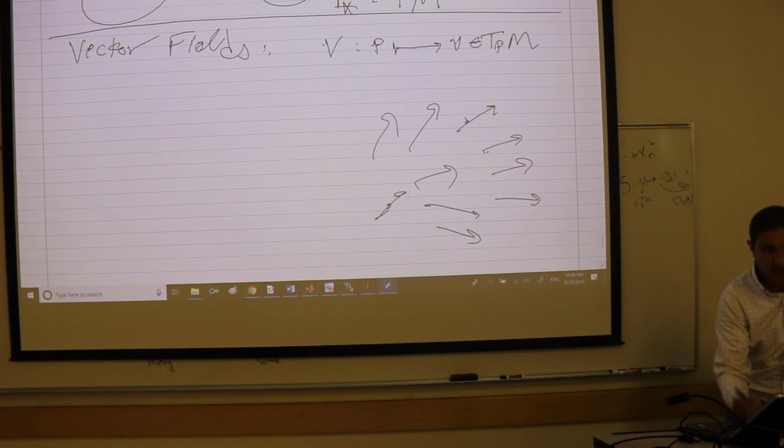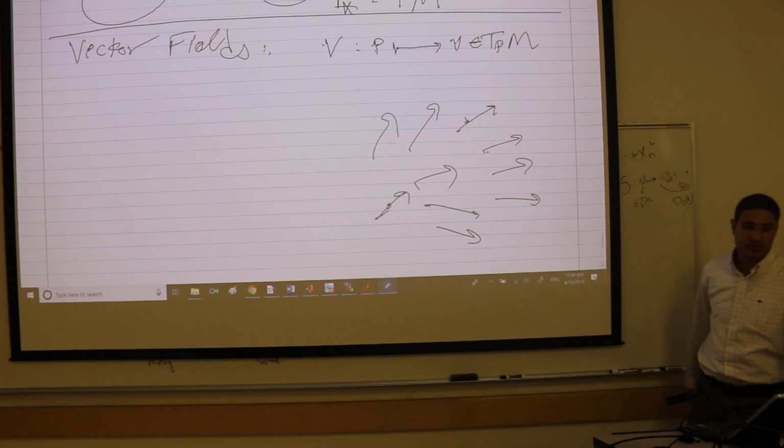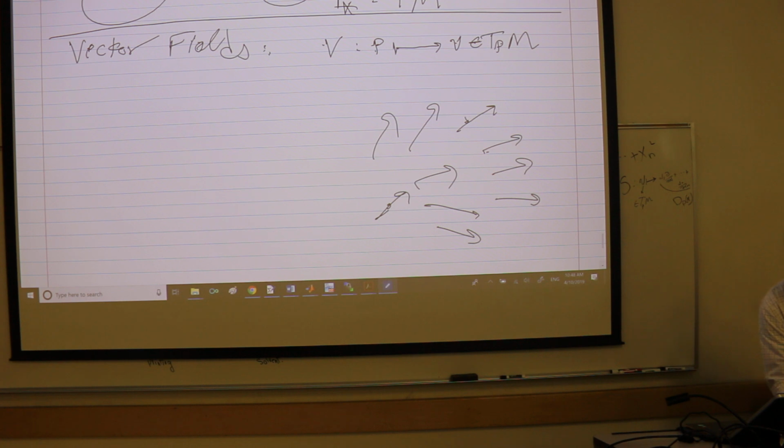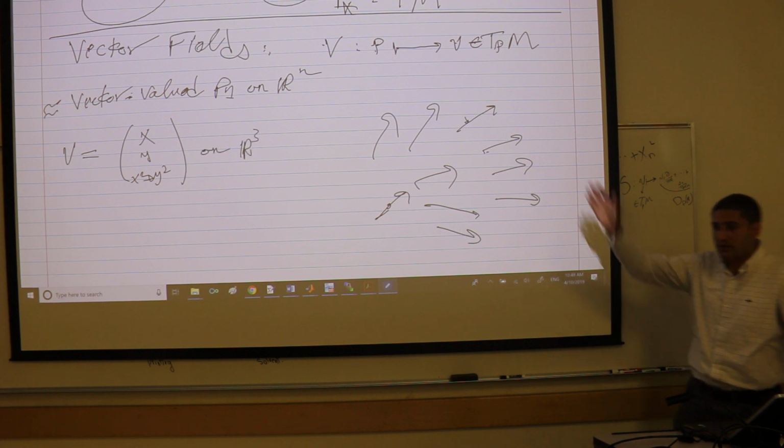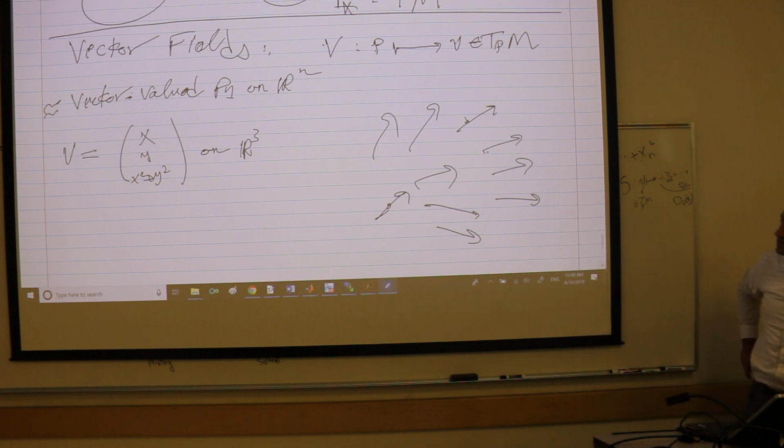At any point you have an arrow, with 3 components, so it looks like a vector valued function on Rn, if we're talking about Euclidean space, like V equals (x, y, x squared plus y squared). This is a vector field on R3, right? At any point, it gives you a 3-dimensional arrow.